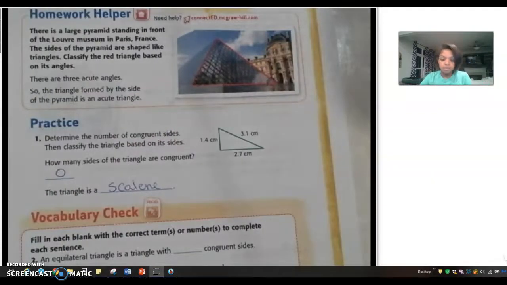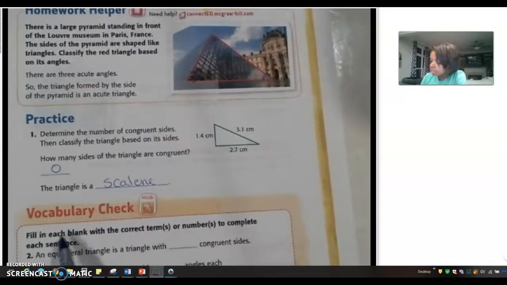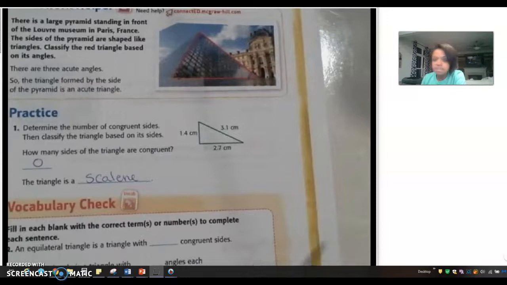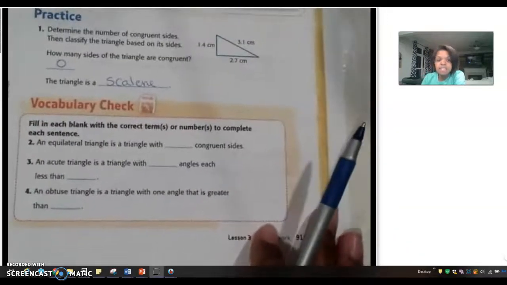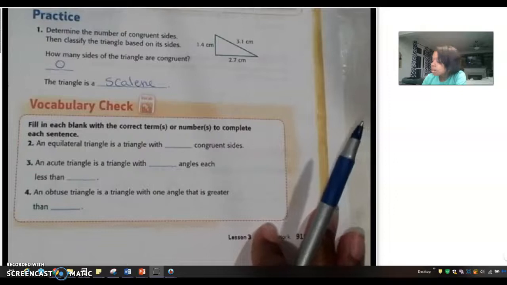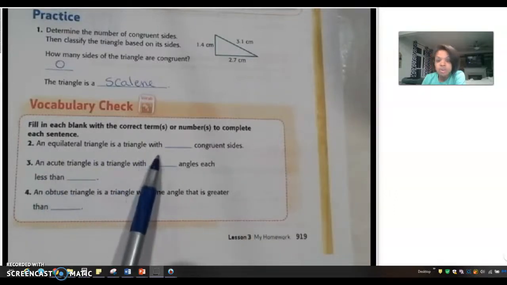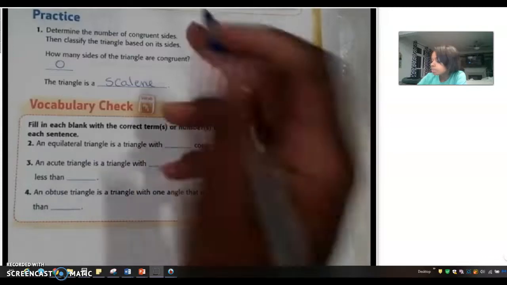Let me get my other paper over here. All right, and then let's look at the vocabulary check. It says, fill in each blank with the correct term or numbers to complete each sentence. All right, so let's look at the first one. An equilateral triangle is a triangle with 3 congruent sides.